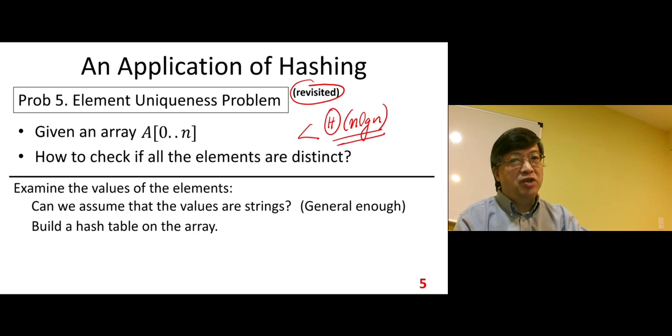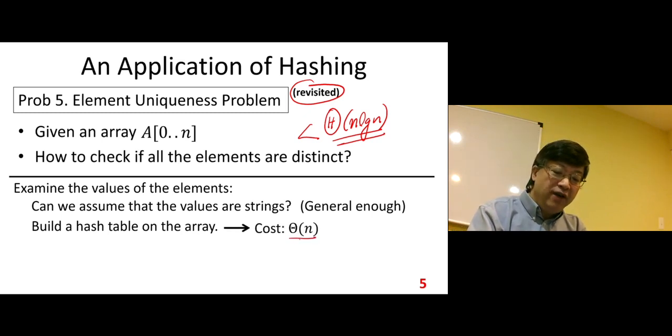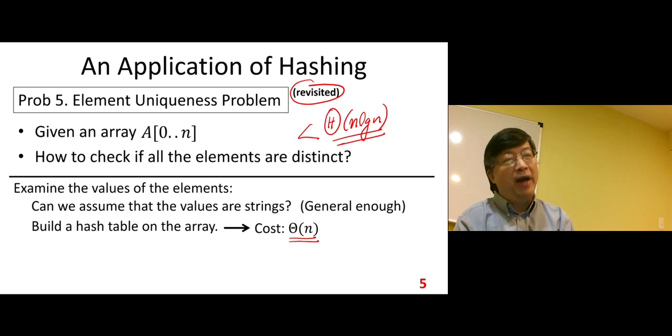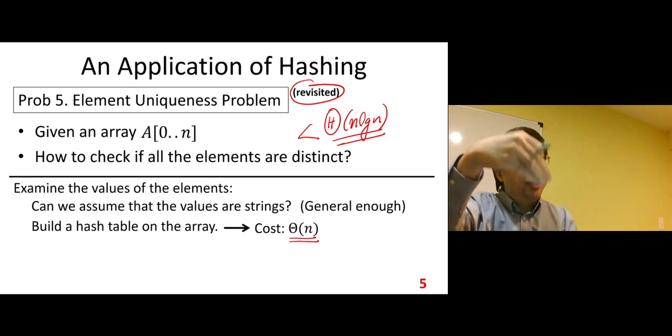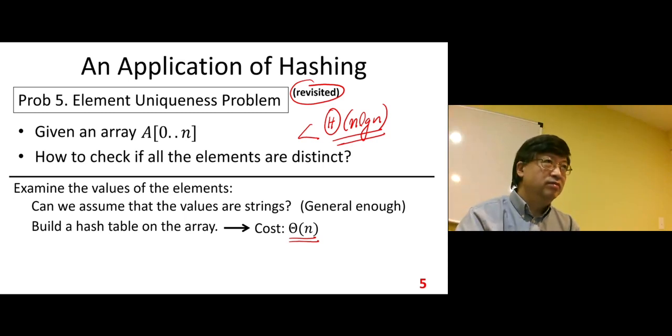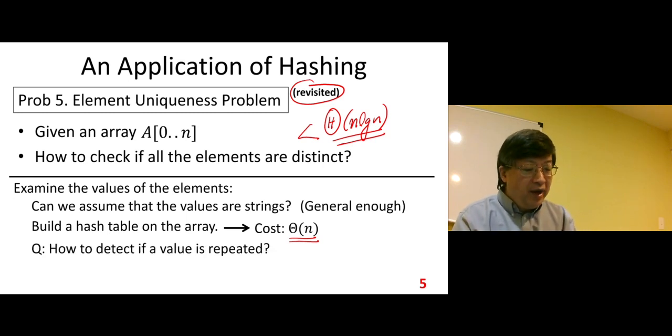How much cost do we need to build a hash table? Big theta of n. That's the cost to build a whole hash table. One element by one element, we hash it into the hash table. How to detect if a value is repeated?